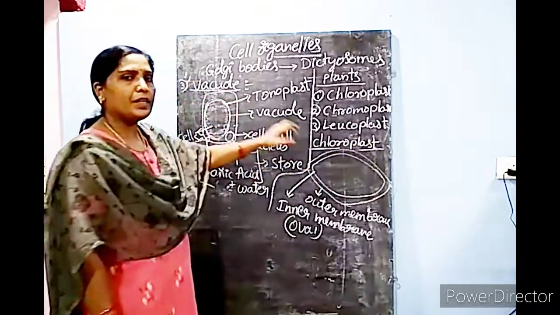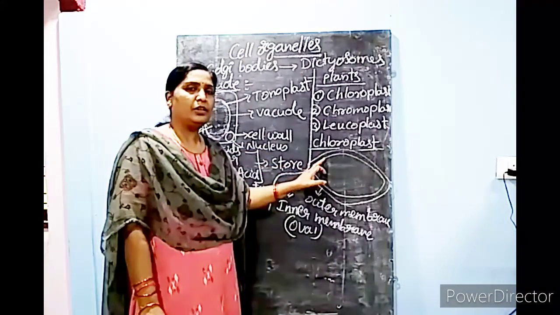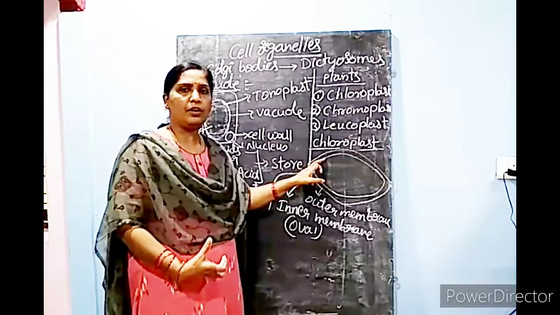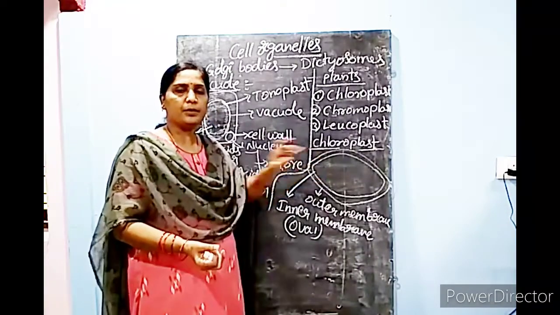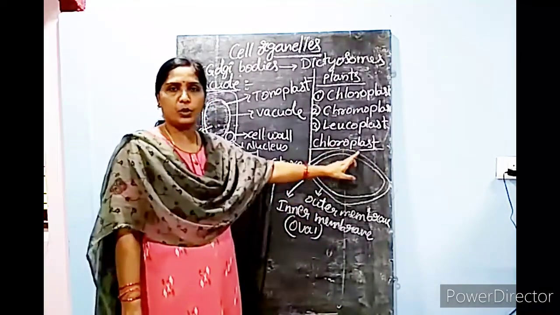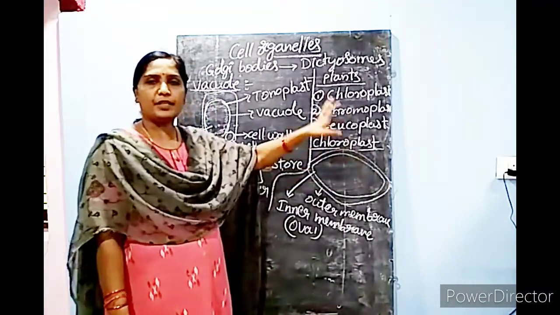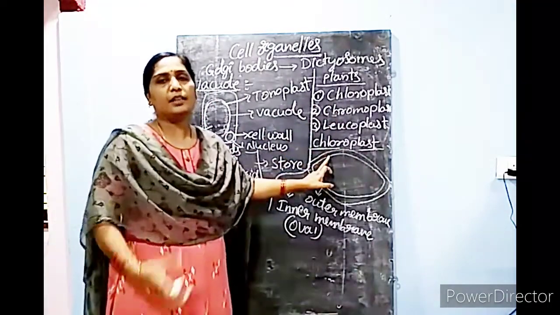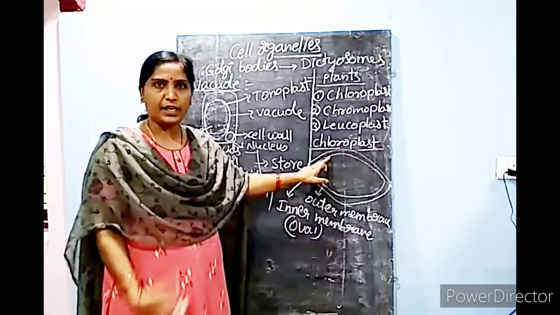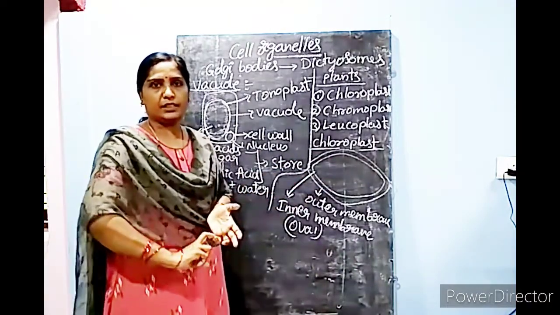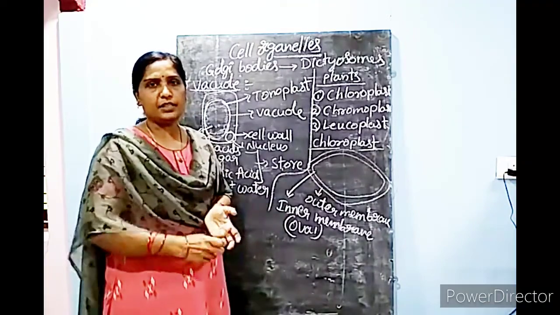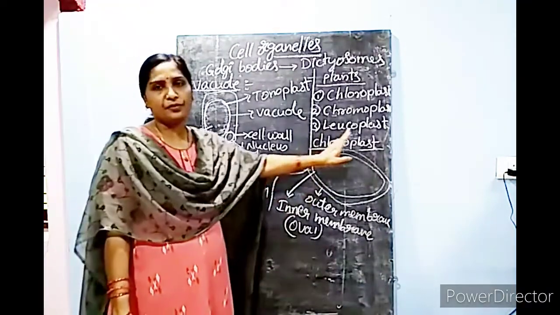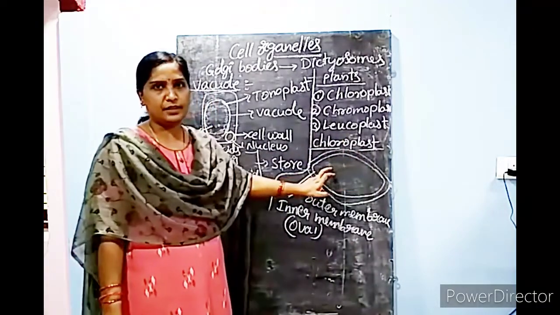Where is this chloroplast actually useful? Life on planet Earth is possible because of this chloroplast. It is present only in plant cells. Because of this, the plant parts get green color, like their leaves, their branches, sometimes their stem appears green because of the chloroplast present in them.